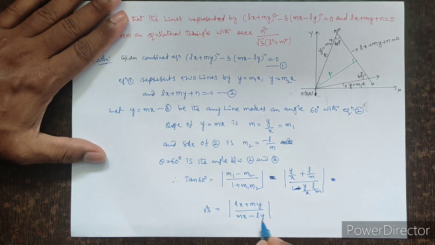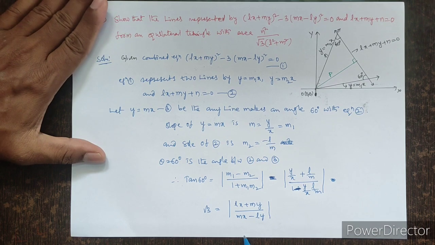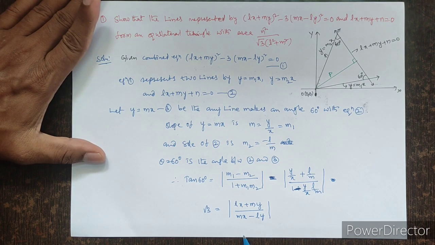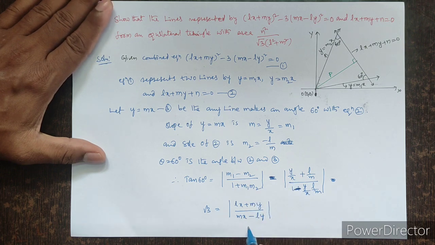The denominators mx and mx get cancelled.